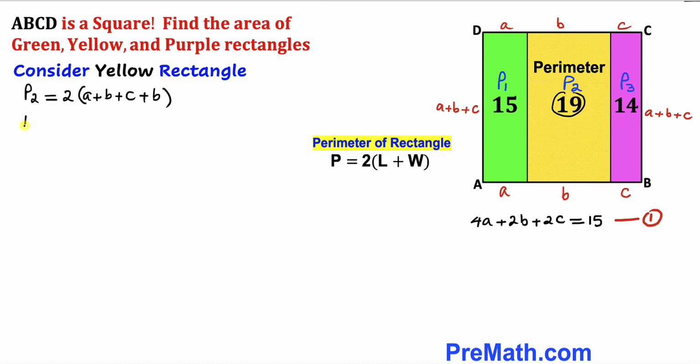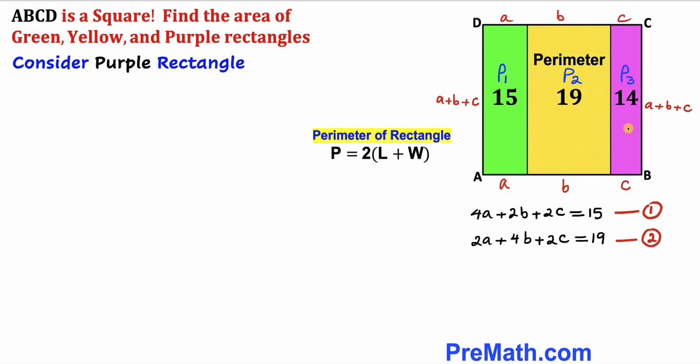So I'm going to replace this: 19 equals 2 times, let's combine the like terms, that's going to give us (A plus 2B plus C). Now let's distribute this 2, that is going to give us 2A plus 4B plus 2C equals 19.